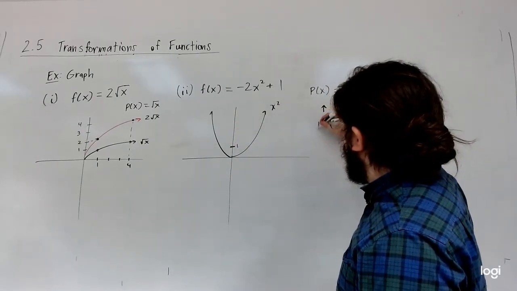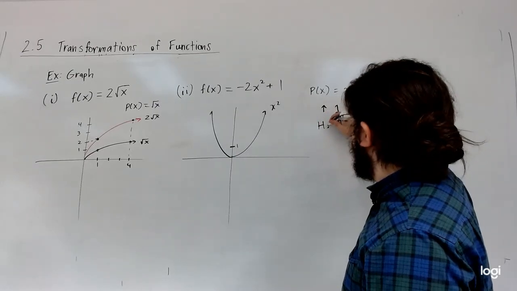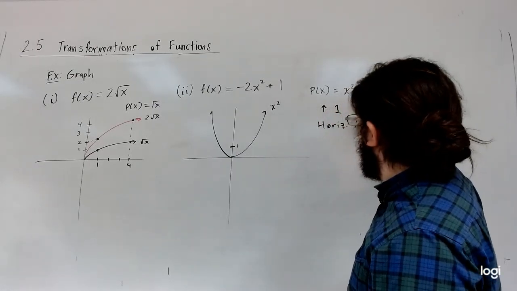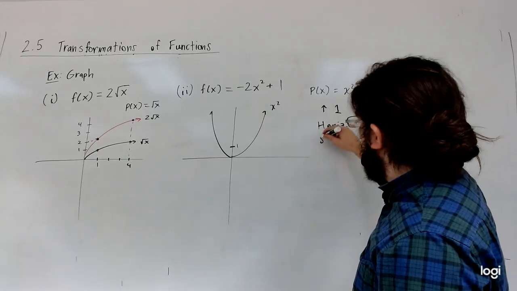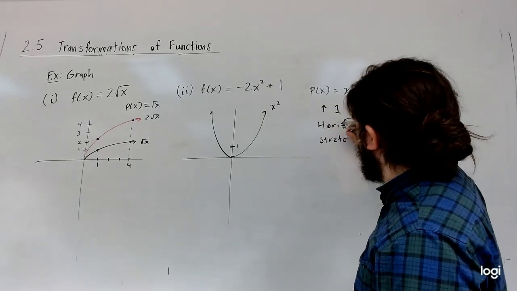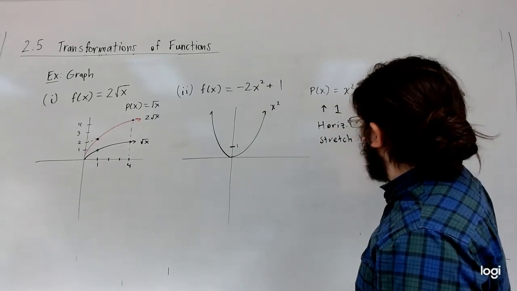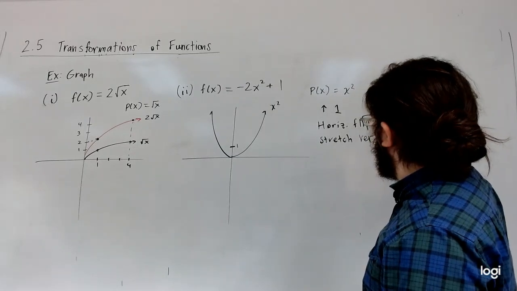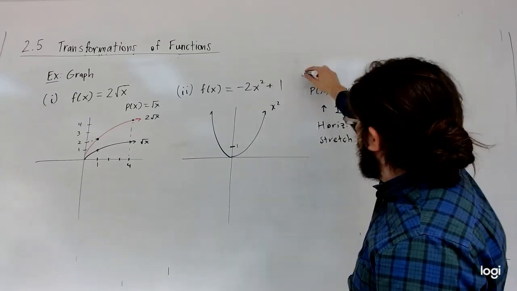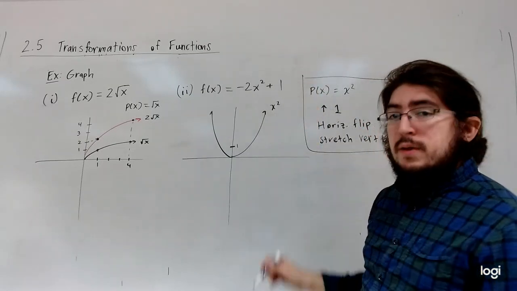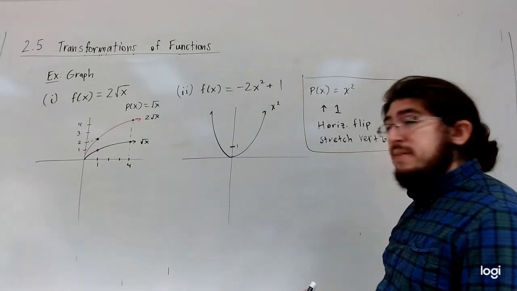There is a horizontal flip. And there's a stretch of 2. Stretch vertical by 2. So that's the transformations we're applying to that parent function.